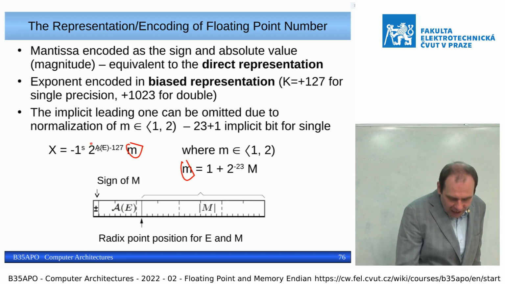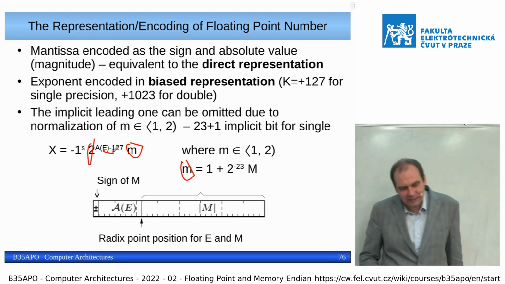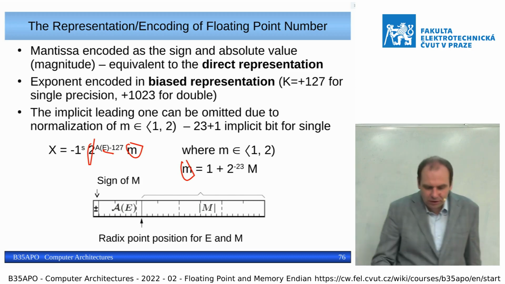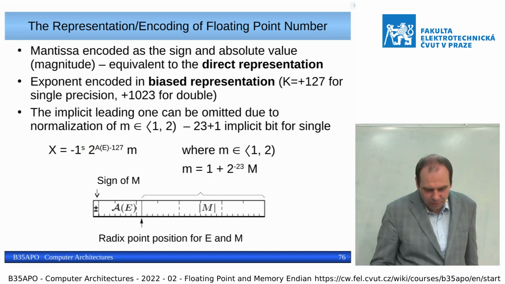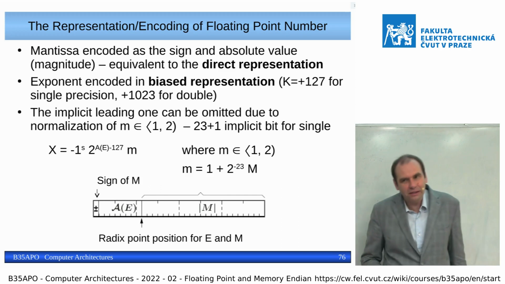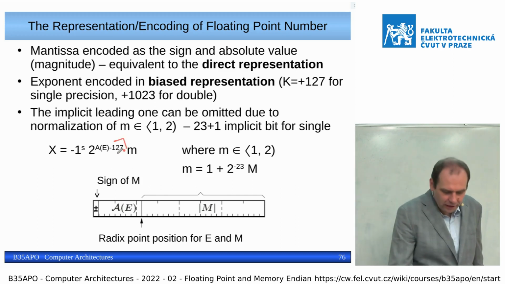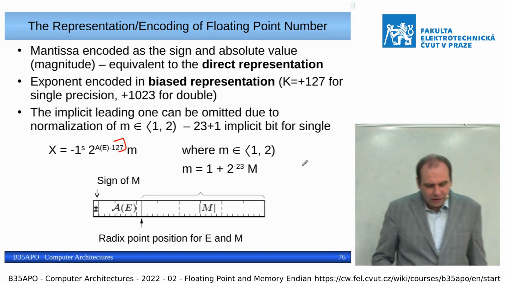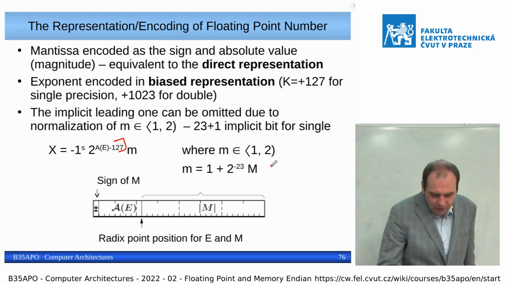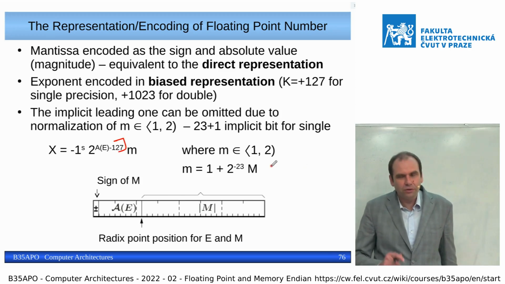Then we multiply it by 2 power exponent. But in this case, the exponent is not stored in two's complement, but it is stored in the excess-K representation. So the 0 in the exponent is equivalent to the stored value 127.